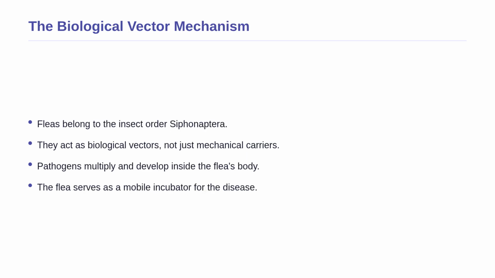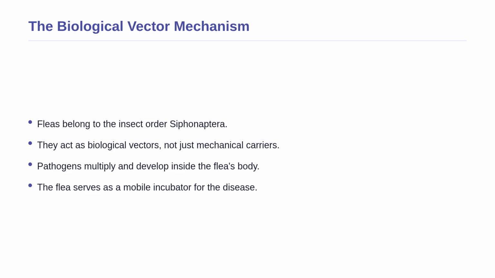Now that we know fleas act as bridges, let us look at how this mechanism actually works biologically. In medical entomology, fleas belong to the insect order Siphonoptera. They do not just carry bacteria on their feet, they act as biological vectors. This is a crucial distinction.